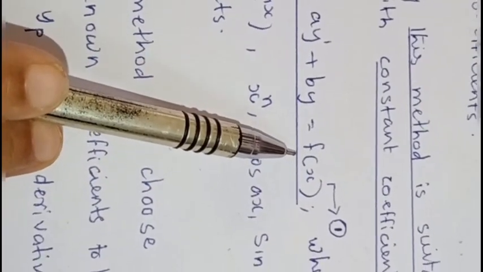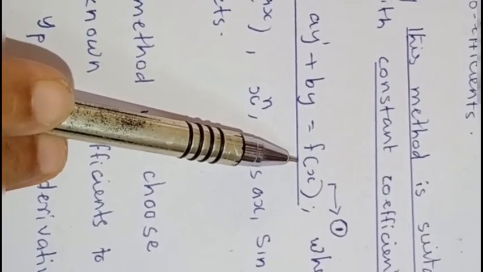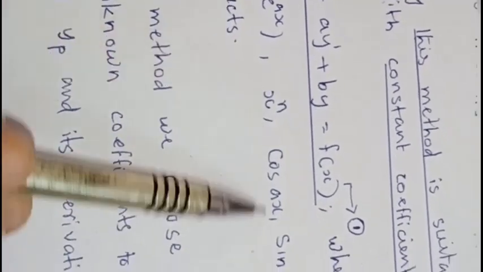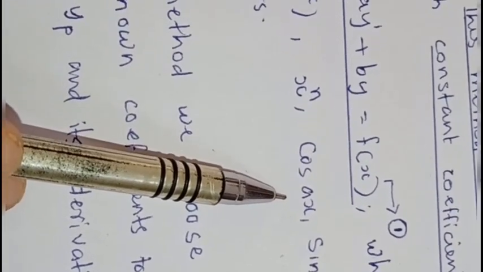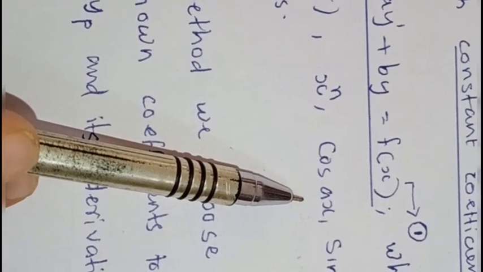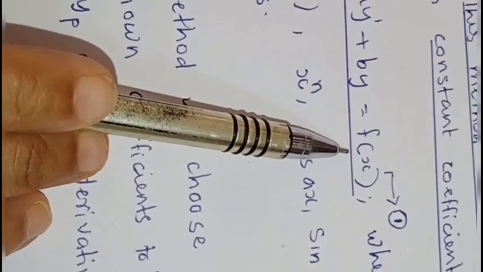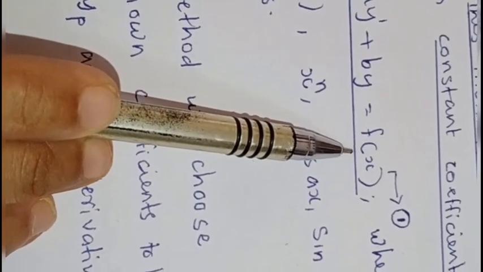This method of undetermined coefficients is applicable only when f(x) takes one of these forms or their linear combination, sum or products. Already we discussed in the previous class how to find yp when f(x) takes different forms.